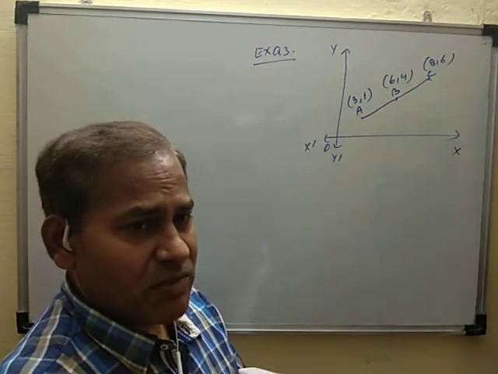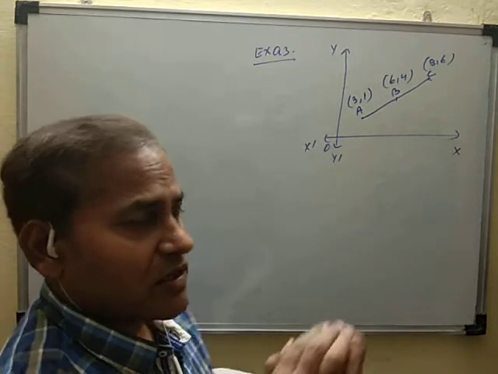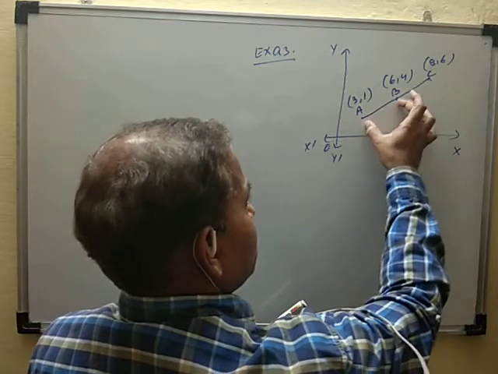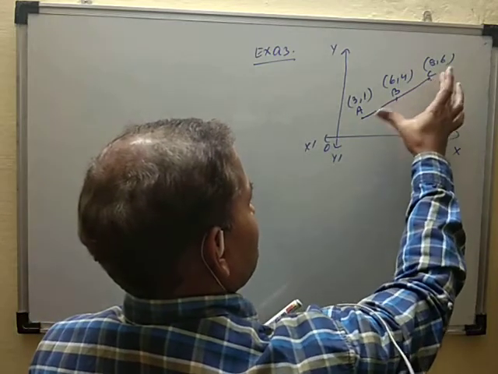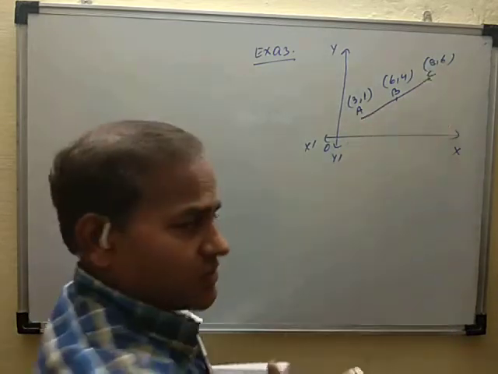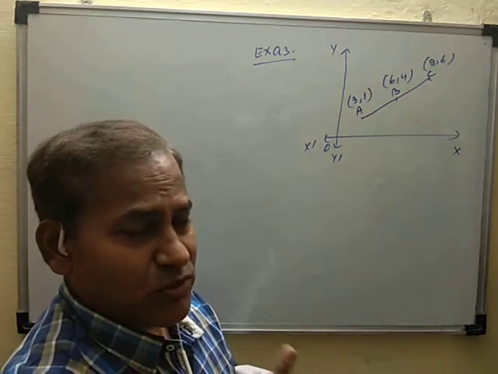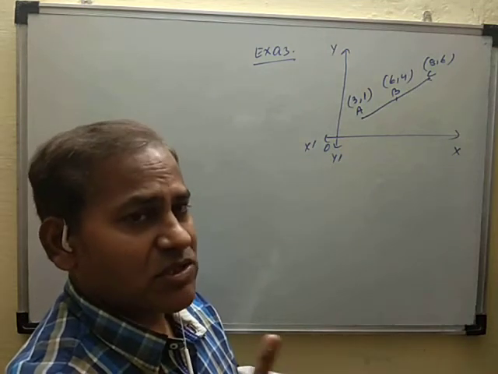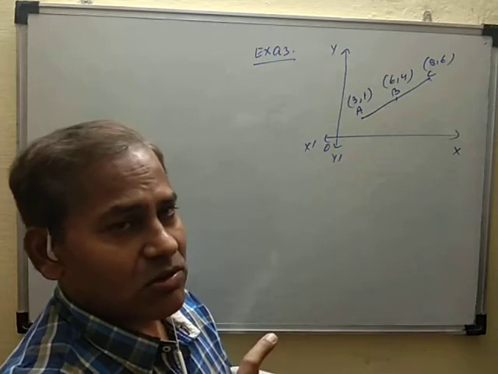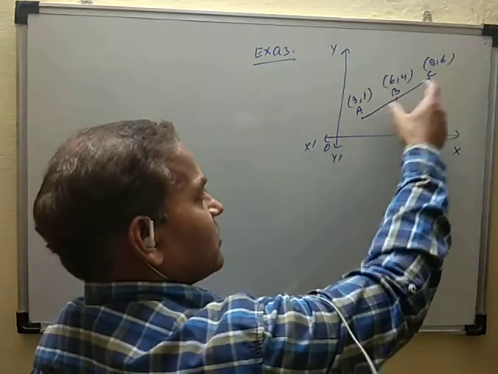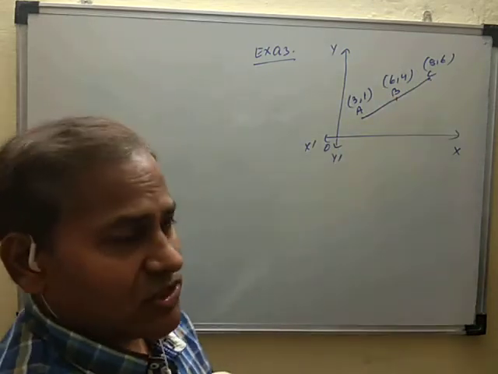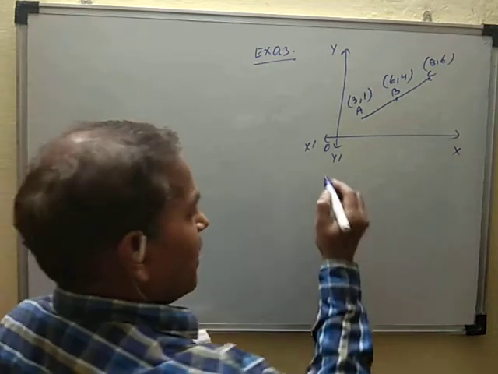Suppose point ABC lie on a line, then sum of these two distance is equal to third distance. Okay, so to check that ABC seated on a line or not, find the distance AB, BC and AC. So use distance formula and find AB.